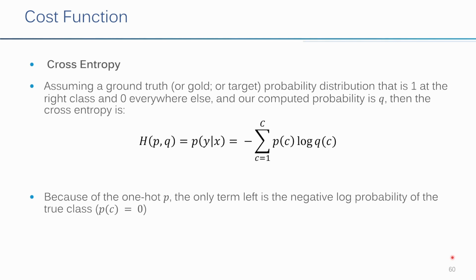Assuming a ground truth or target probability distribution that is 1 at the right class and 0 everywhere else, and our computed probability is Q, then the cross entropy is the sum of this probability P_c times the log of this computed probability Q. Because of this one hot encoding, the only term left is the negative log probability of the true class.